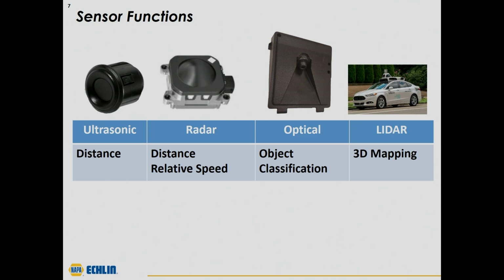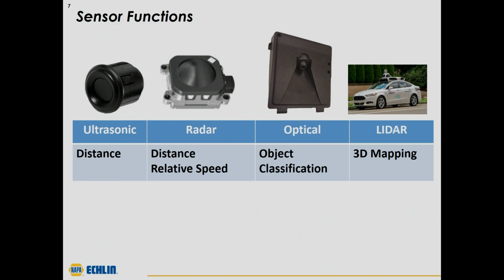Radar is going to send a signal out, and generally we're going to try to cover a further distance than an ultrasonic sensor, and we have different range radars also. One other thing that a radar does is it can measure distance relative to the speed of the vehicle.